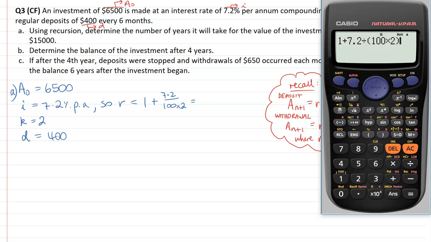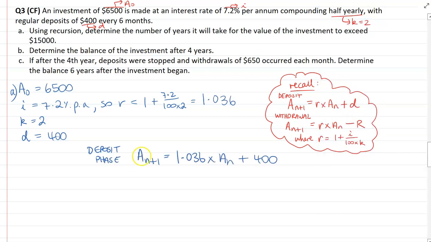Okay, so after writing down all my facts, I need to know the R or rate. So if I put that in my calculator, it's 1.036, which enables me for A to develop my recursion relation for the deposit phase. So writing that out, A(N+1), my next consecutive balance, will be 1.036 times my previous or current balance plus $400 for every recursion.